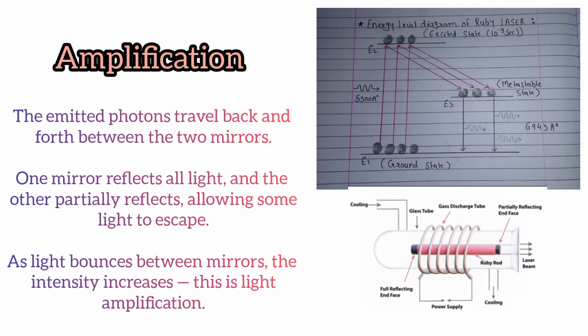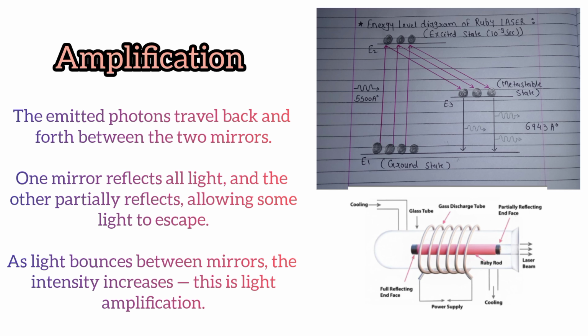Amplification. The emitted photons travel back and forth between the two mirrors. One mirror reflects all the light and the other, partly reflecting, allows some light to escape. As light bounces between the mirrors, the intensity increases.